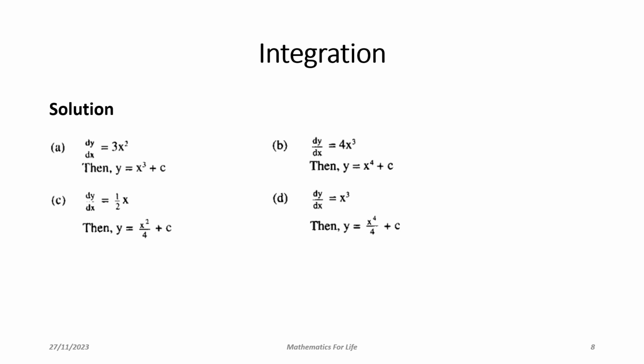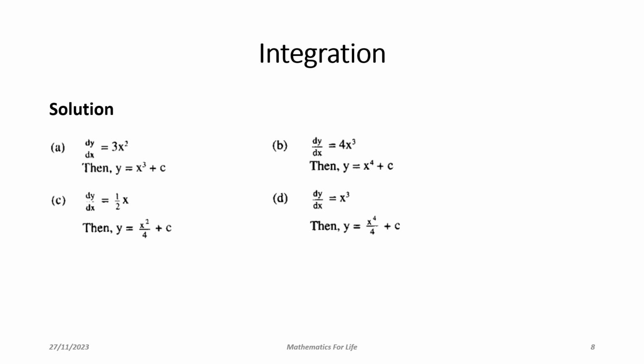For the second one, in the same manner, we are provided with the gradient function, which is 4x cubed. To determine the initial function, we integrate 4x cubed. We increase the power of x by 1, which gives us x to power 4, and then divide by the same power 4, which gives y = x to power 4, and then we add the constant c.